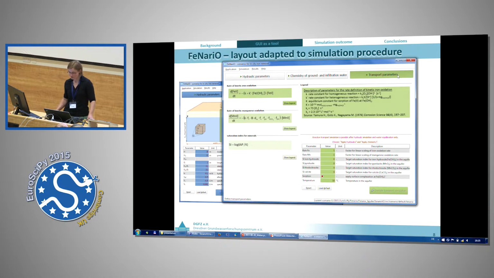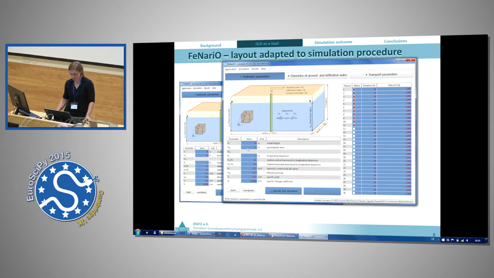And in the third one, finally, I can define some transport parameters. As you can see, everywhere I tried to explain the parameters that the user can define. So there is here a scheme of the model and a description of the parameters.